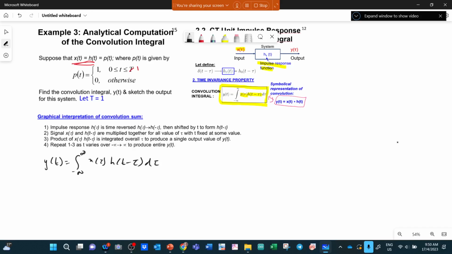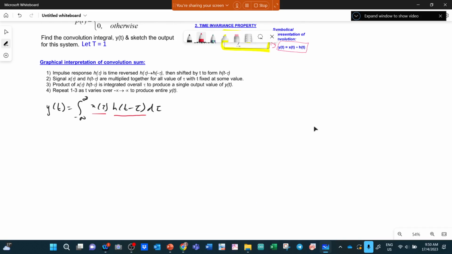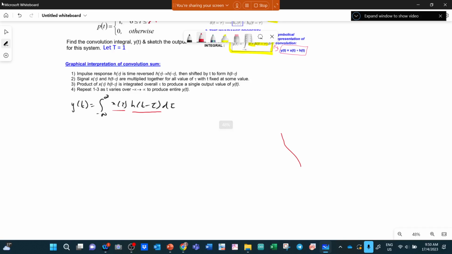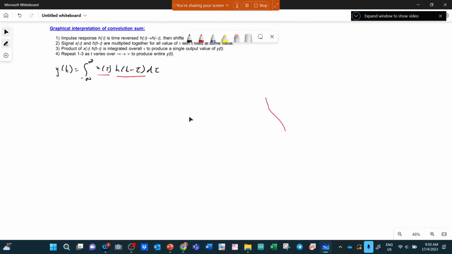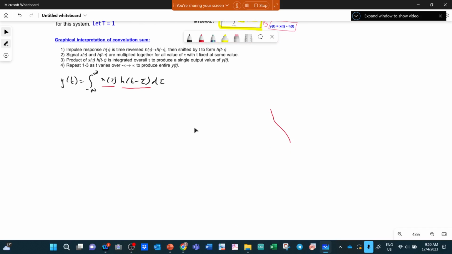Because x(t) and h(t) in this question are the same, we are going to fix x(tau), and what we are going to shift is h(t minus tau).